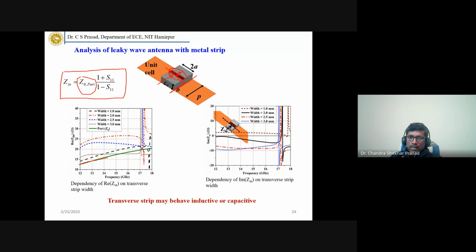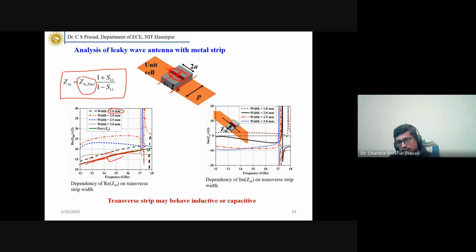So we want the real part of this section close or equal to this green line. This plot is for different widths. If you see, this black line is closest to this, and it is following the same pattern with frequency. So here this part is chosen.